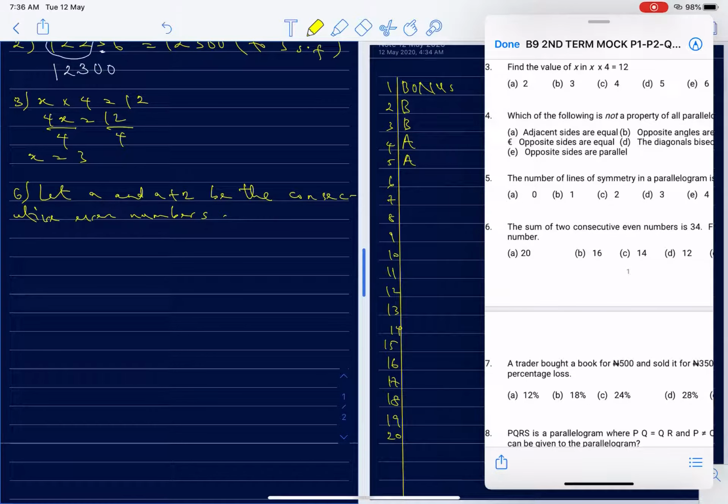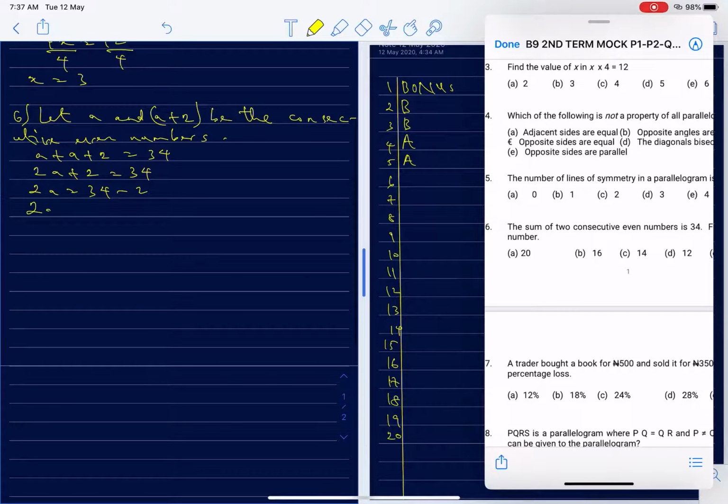Their sum is 34. That means A plus A plus 2 is equal to 34. And that means 2A plus 2 equals 34, which means 2A equals 34 minus 2. And that means 2A equals 32.